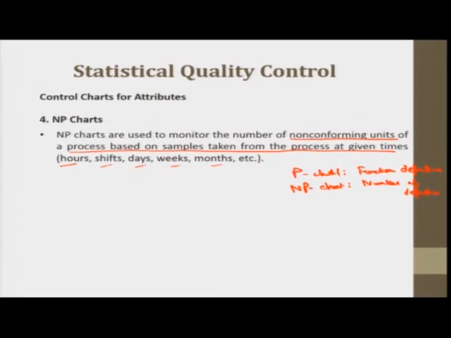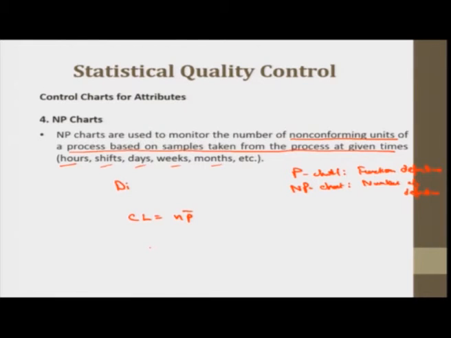Okay. So for the NP chart, each point in the chart is given by a value denoted by Di, which is the number of non-conforming units of the ith sample. If the NP chart is produced, the center line proportion may be input directly, or it may be estimated from the series of samples. If it is estimated from samples, then the center line is NP bar. Okay, this is the center line.